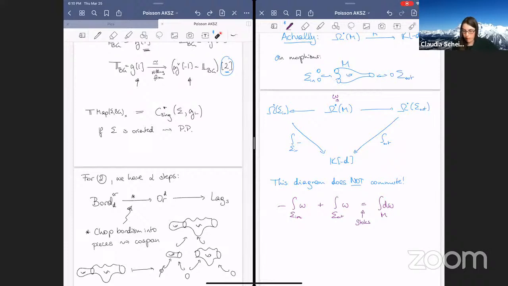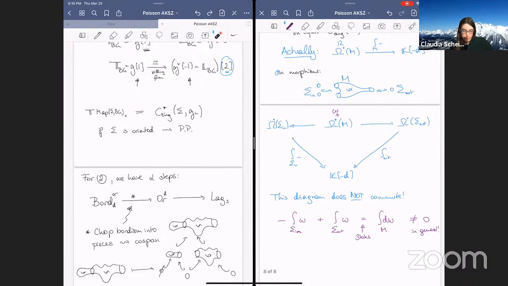So this is, in particular, not zero in general. So these diagrams don't commute, but our framework looks at these Lagrangian correspondences always as commuting diagrams.